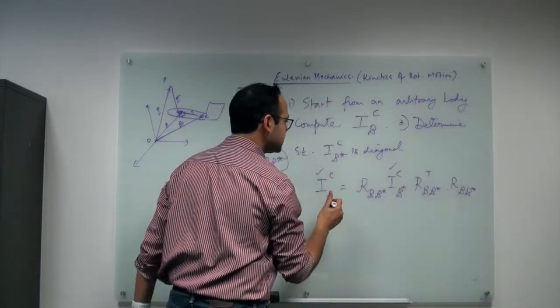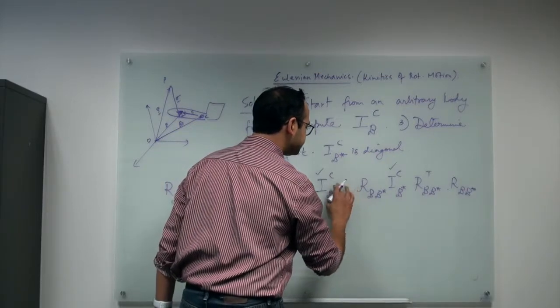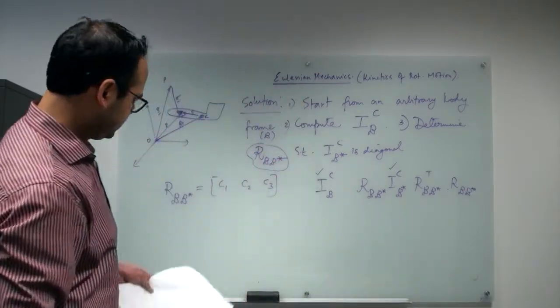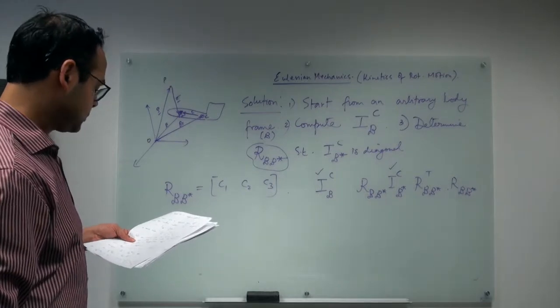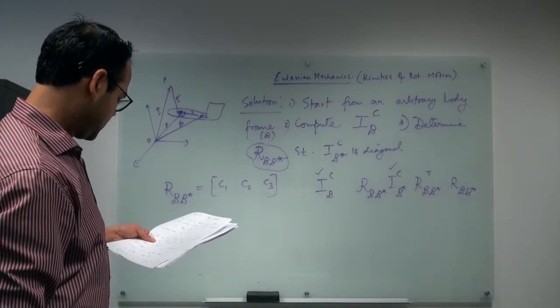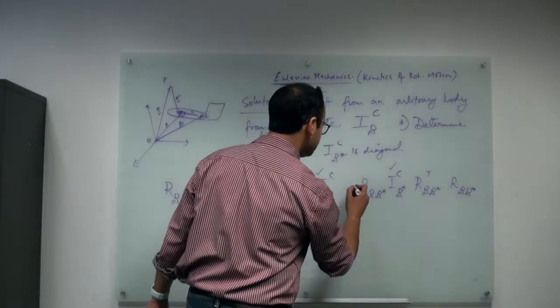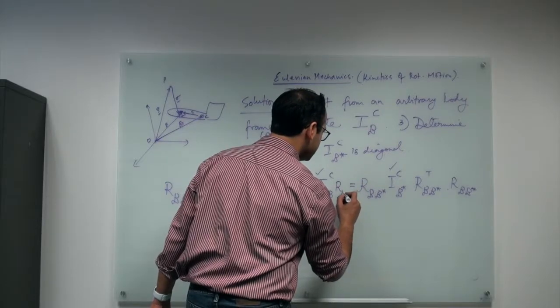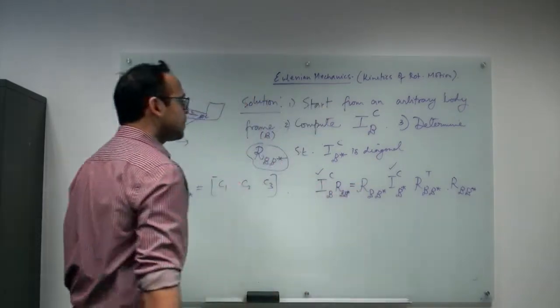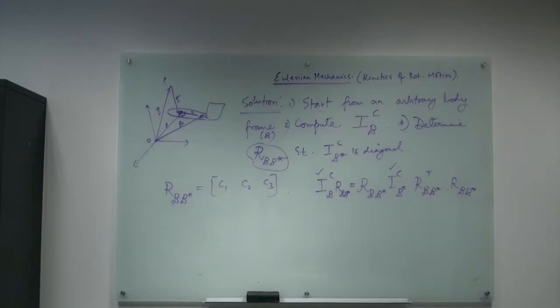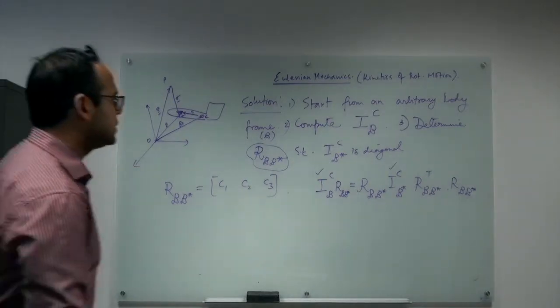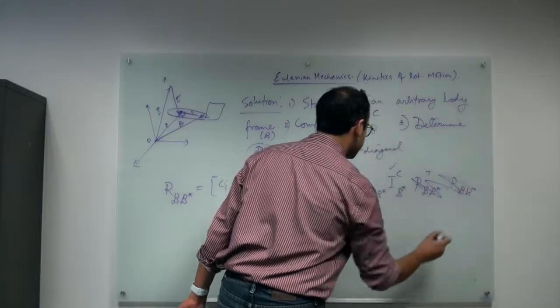These will neutralize. So this was a post multiplication. I just post multiply by R_BB*, and this goes away.